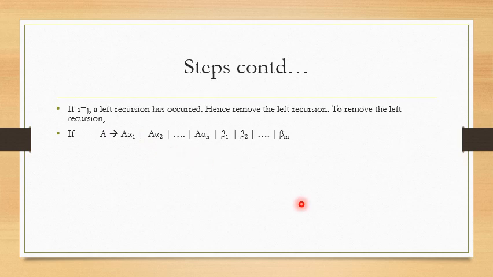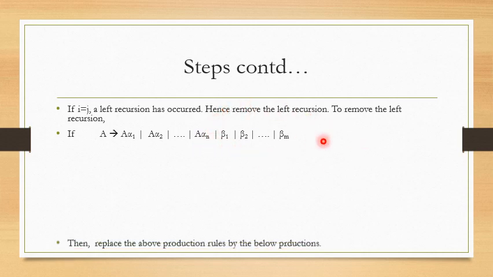Why it is left recursion is, when you try to construct the derivation, we have A can be A alpha, and again this A will have A alpha. It will be skewed to the left side. Therefore we say it is a left recursion. These beta terms are those productions which are not left recursive.